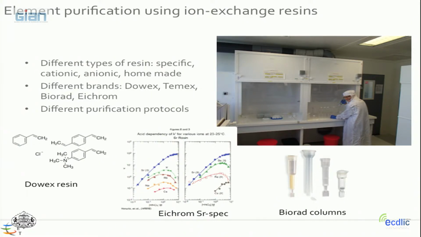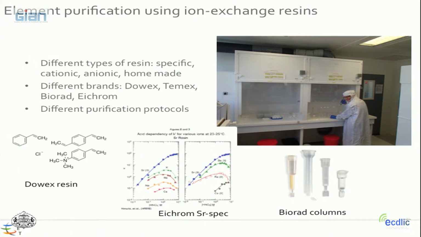And inside you have columns like this. Here this is a column made by the Biorad company, but you can design your own column. Inside the column you put some resin. You have many types of resin, and most of the time they are specific to what you want to do with it. You use a specific resin for neodymium, a specific resin for strontium, for lead, for lutetium, for hafnium, and so on.